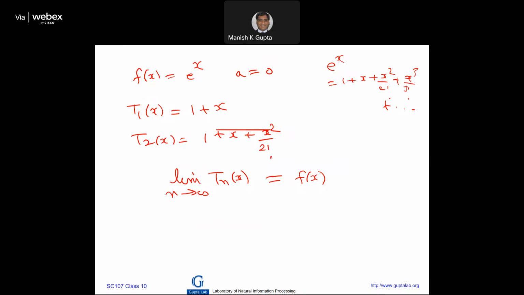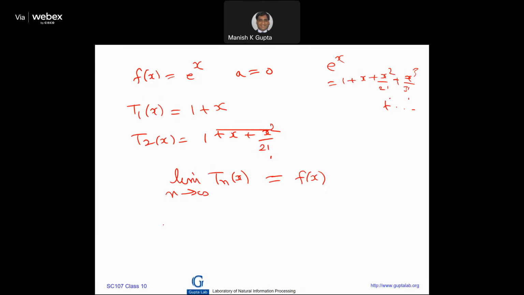Remember, if I want to show that a series is convergent, I take certain finite terms and take the limit. If it exists, we say that the series is convergent. Here we are calling them Taylor polynomial, certain finite terms. And if the limit exists and is equal to the value of f of x, then we say that the series is convergent, and the value is f of x, okay? This is a very natural thing to do.